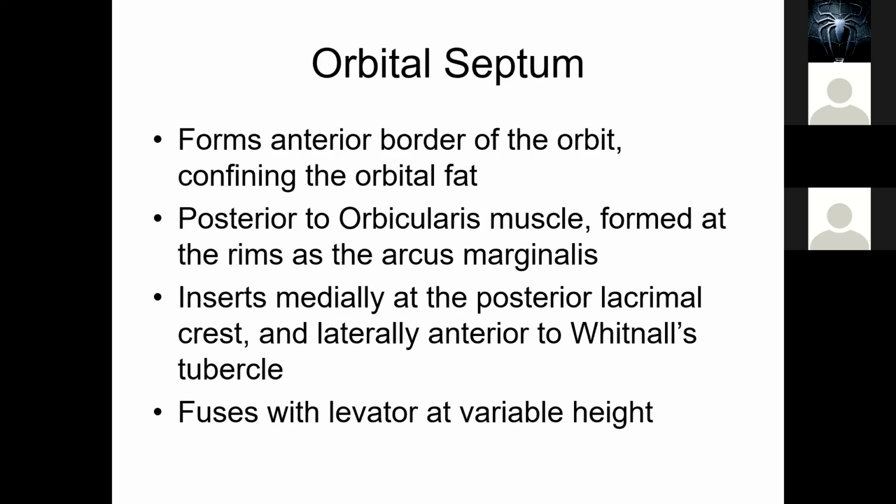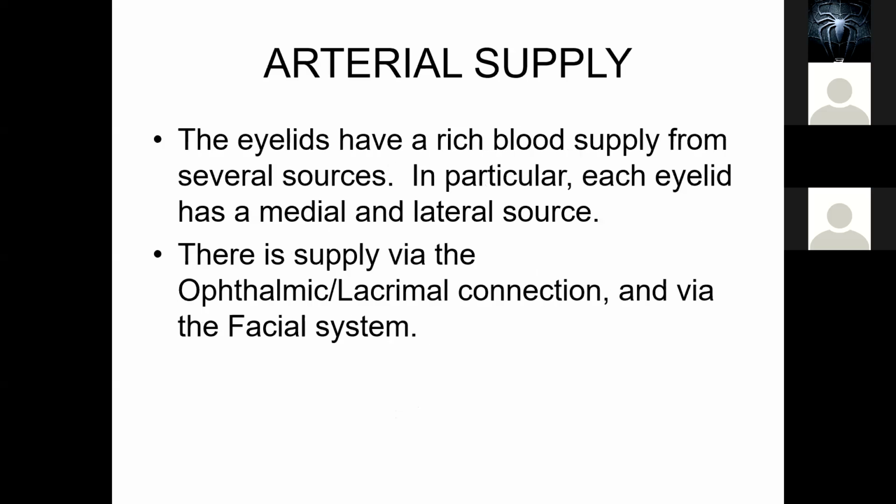It is posterior to the orbicularis muscle, formed at the rims as the arcus marginalis. It inserts medially at the posterior lacrimal crest and laterally anterior to Whitnall's tubercle, and it fuses with the levator superioris at a variable height. So it varies for most people.